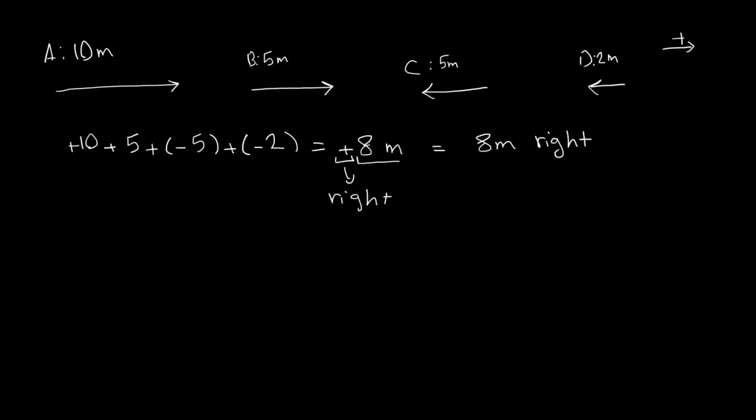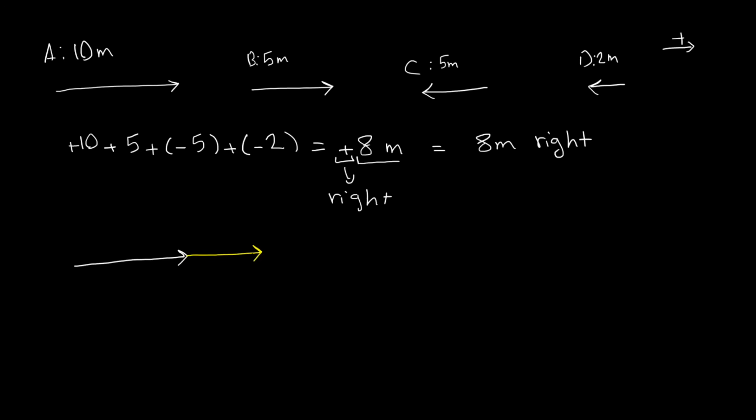Or I can use drawing. So I say I start with vector A. I draw a vector parallel and same size as A. And then I add vector B to that. So I start vector B from this point, head of this, and this one is 5 meters.